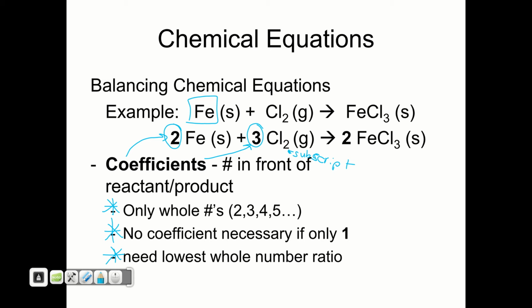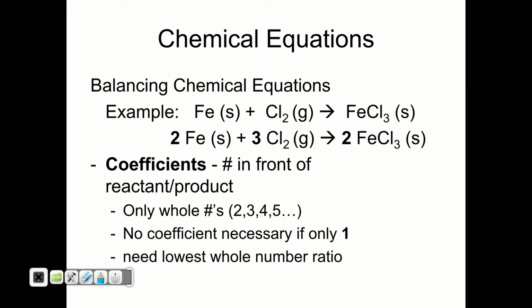What that means is, if I can divide the same number into 2, 3, and 2, and I still have a whole number, I need to reduce it. If I divide all 3 of these by 2, this would become 1, this would become 1.5, which is immediately wrong, and this would become 1. So that doesn't work. We would not reduce this particular problem.